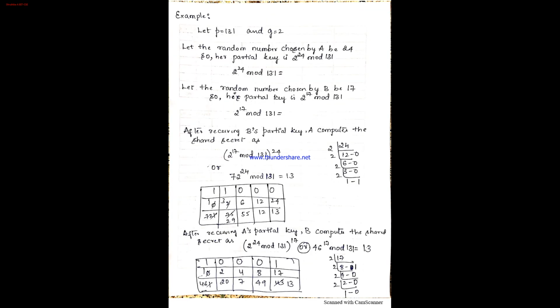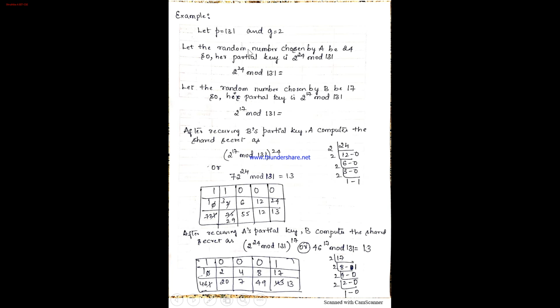To understand, see here, let p be equal to 131 and g equal to 2. Now in the set I have the values 1, 2, 3 etc. up to 130, isn't it? 131 is a prime number.